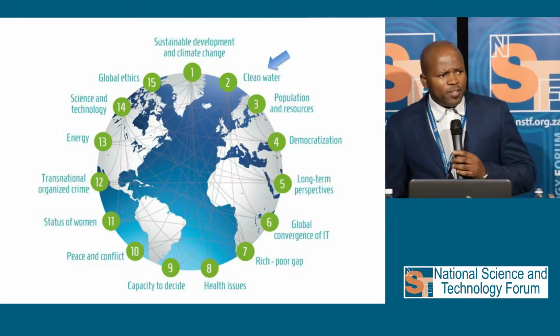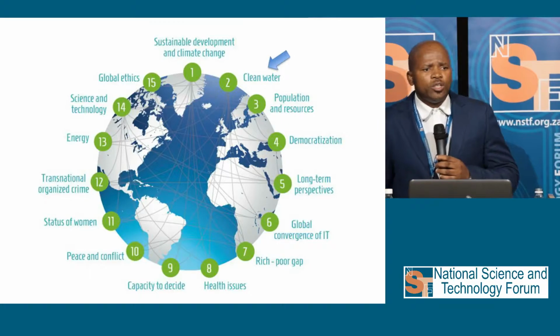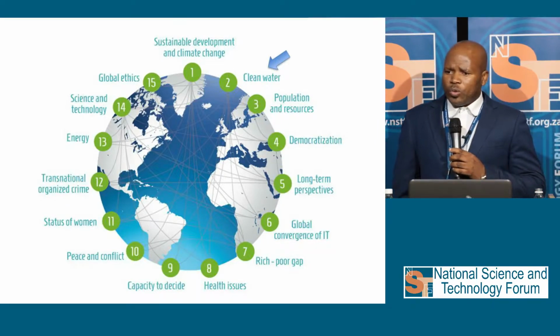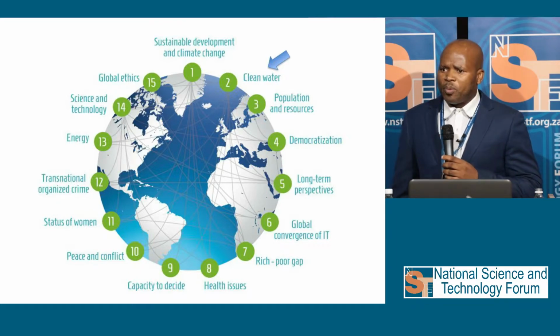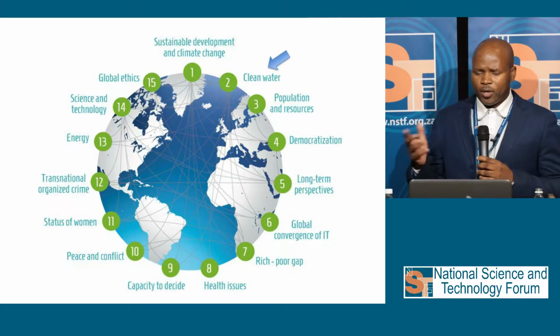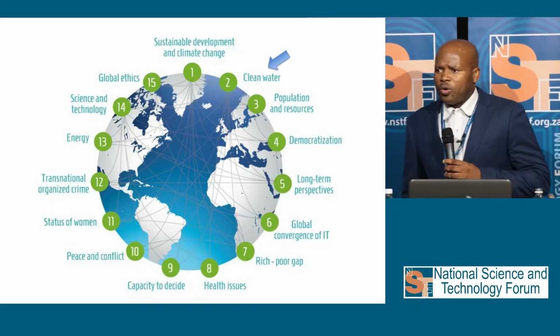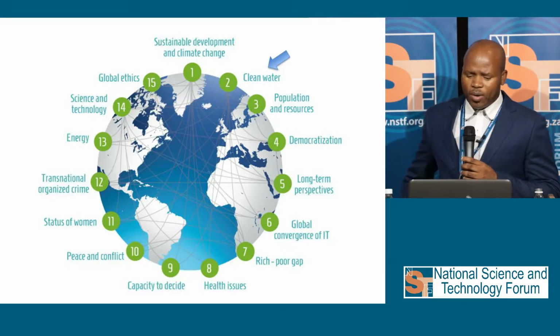So there are quite a number of things that we are doing in the university to improve the life of people in the world. But in particular, I've already spoken about water sustainability, which is one of the issues that we are dealing with in our own unit.